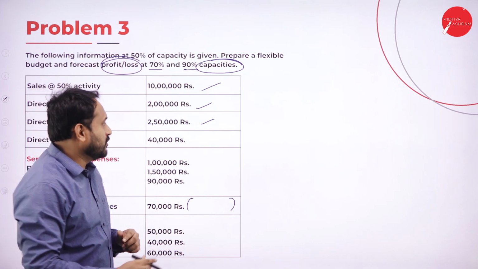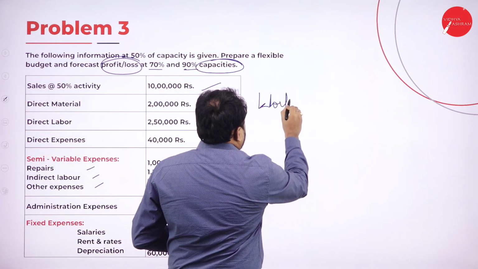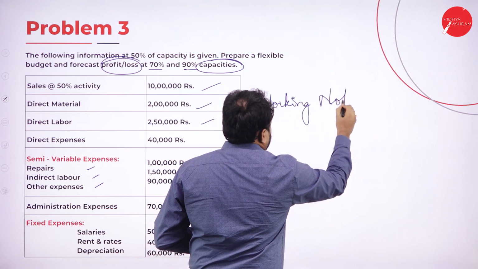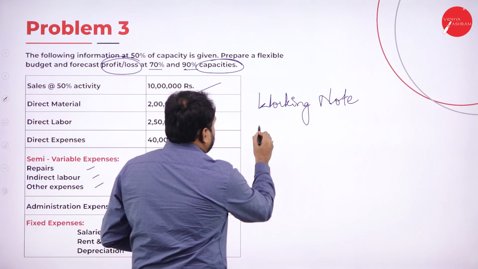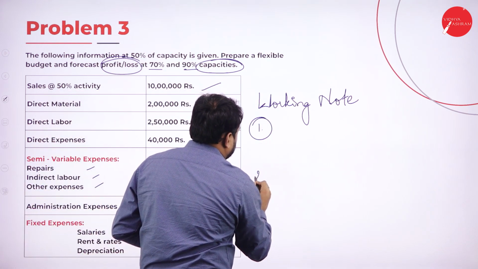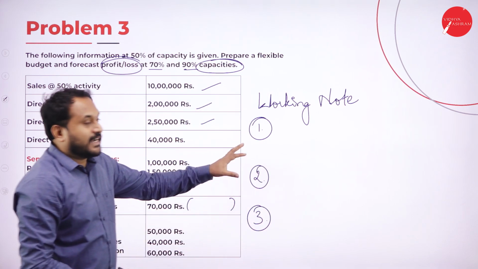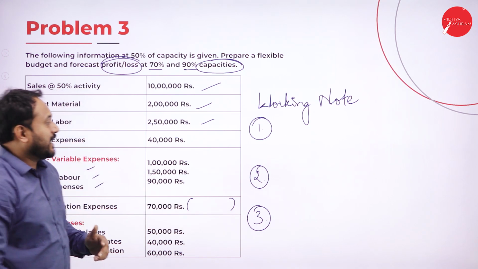The first working note which you are supposed to go with is working note. Okay, now the working note here, they say is first one, second, and third. You just write it like this, right? Now, sales at 50% activity.